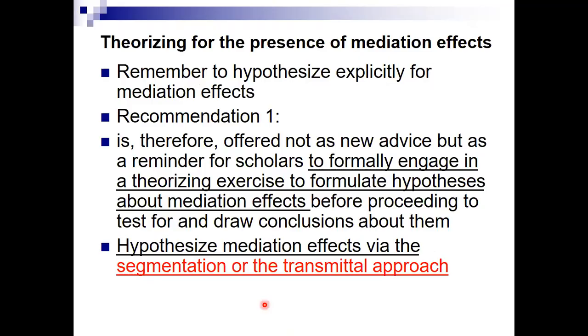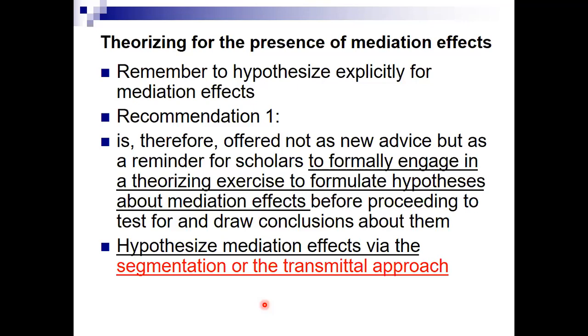Okay. Now, let's go to the 8 recommendations when you are hypothesizing for mediation. Recommendation number 1. It's just a reminder. It's not a new recommendation. Actually, that's what scholars are expected to do.